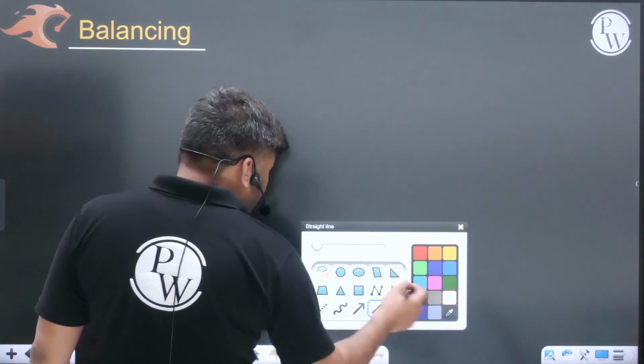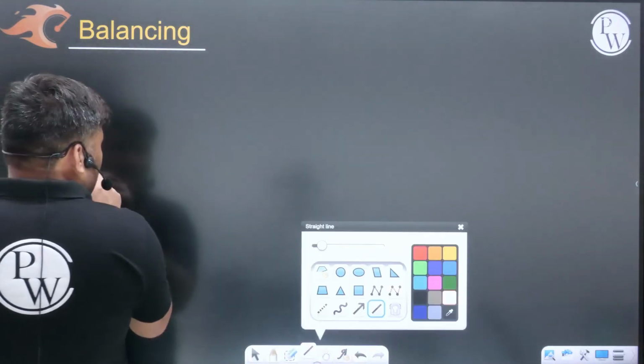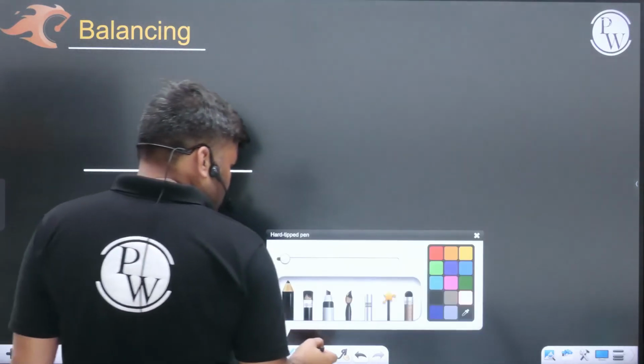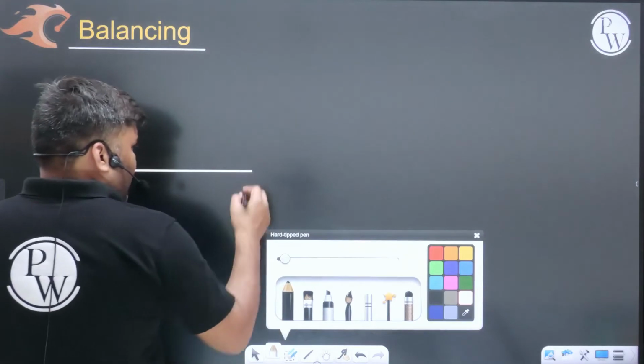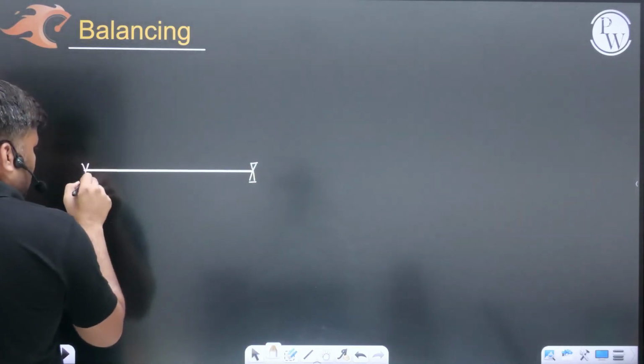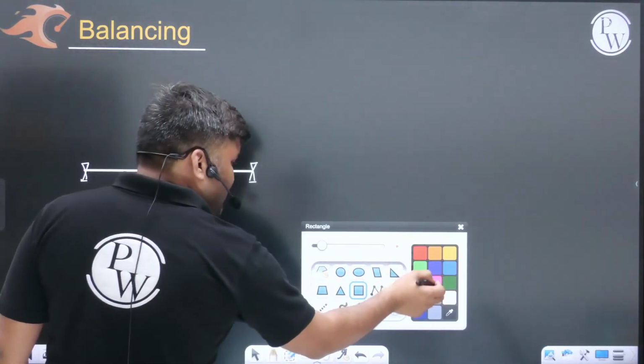Now the question is, why are these unbalanced forces there? Suppose, sir, there is a shaft, mounted on certain bearings, and some part is mounted here.